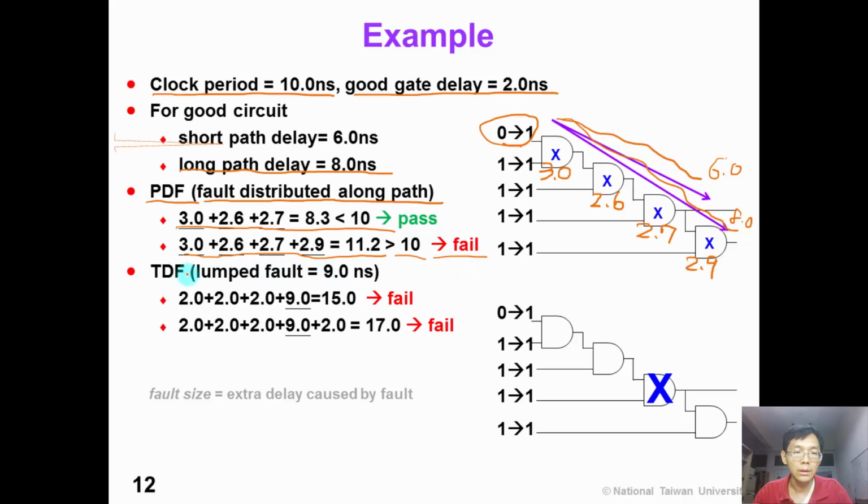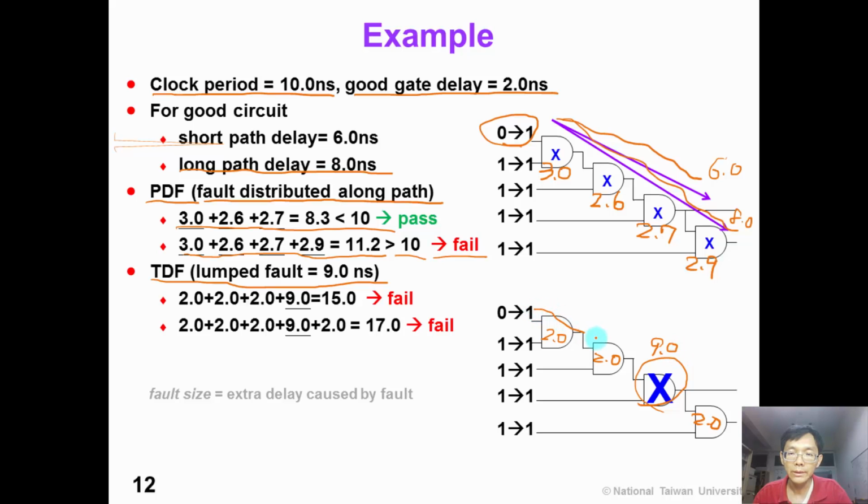On the other hand, the transition delay fault model assumes that the fault is large and lumped in this single faulty gate. For the other gates, the delays are still 2 nanoseconds. For this faulty gate, the delay is 9 nanoseconds.